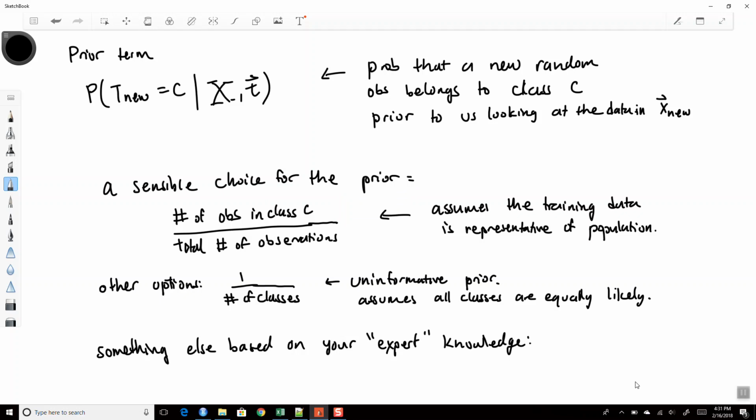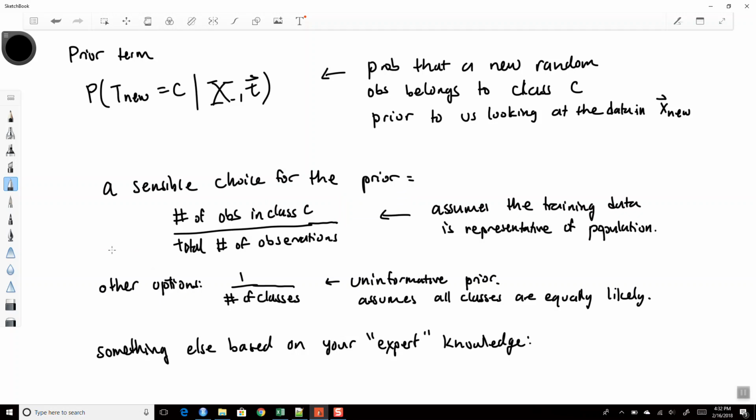So this is the prior term. This is just before you look at the values in X new, you just say, well, based on my training data or based on whatever else, I'm going to say this is the prior probability that some random observation belongs to class Virginica, class versicolor, class setosa, or whatever.